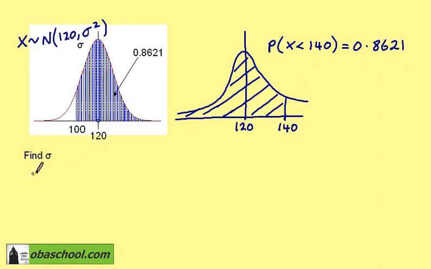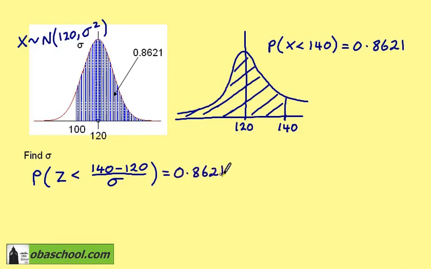Working with this expression, the probability of z being less than 140 take away the mean over the standard deviation, which we don't know, must be equal to 0.8621.